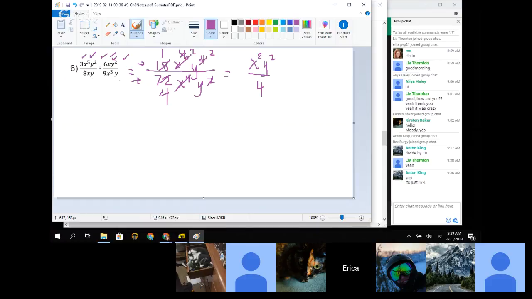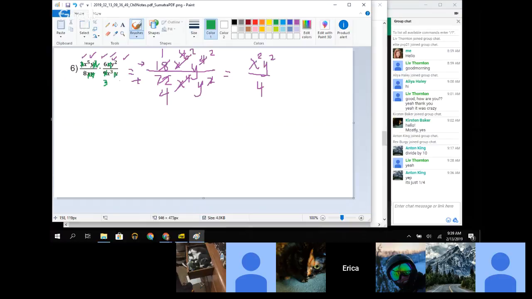You also could have, if you wanted, before you even multiplied across, crossed things off. There's an x down here and an x up here. You can cross those guys off. There is a y and a y squared. We can cross those off. 3 and 9 makes 3.